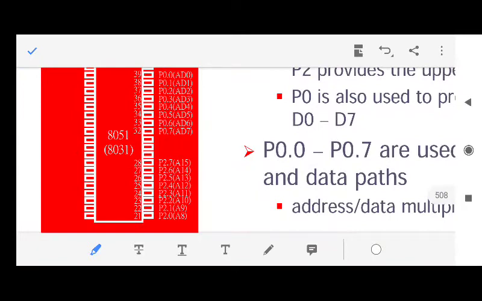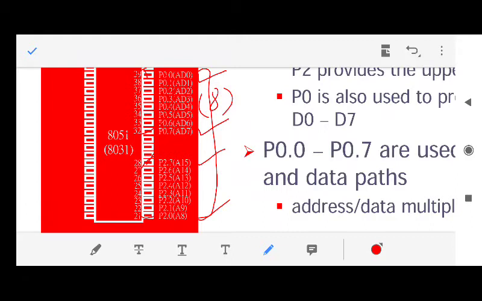Port 0 has address lines AD0 to AD7, and port 2 has address lines A8 to A15. The 8 address lines which are with port 0 are from AD0 to AD7.